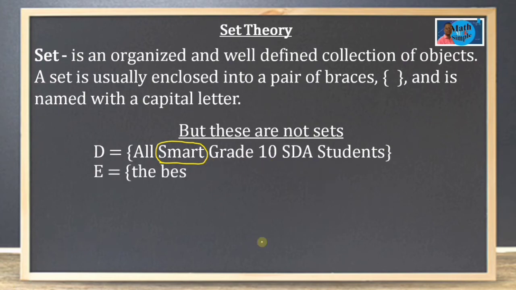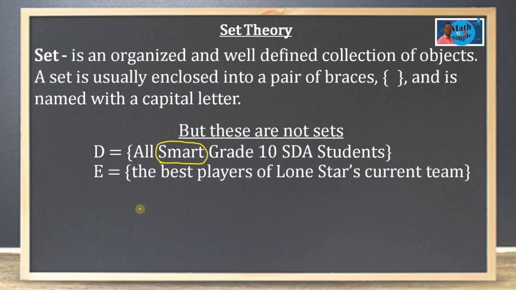Okay, so let's see. E equals the best players of Lone Star's current team. Best is relative, which makes this confusing, so this cannot be a set. There's a way you can make this a set: if you define what you call best.